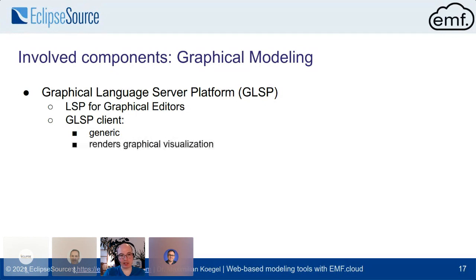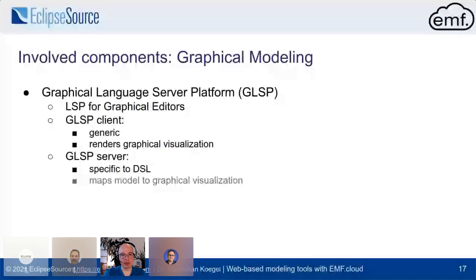And the GLSP client in this case is only responsible for rendering the graphical visualization and for allowing user interaction, while the GLSP server is specific to one DSL. So we have a GLSP server in this coffee editor tool, which is specific to the coffee model. So it knows that, for example, only activities are even relevant for the graphical representation, and that if an activity points to another activity, that means there must be an edge.